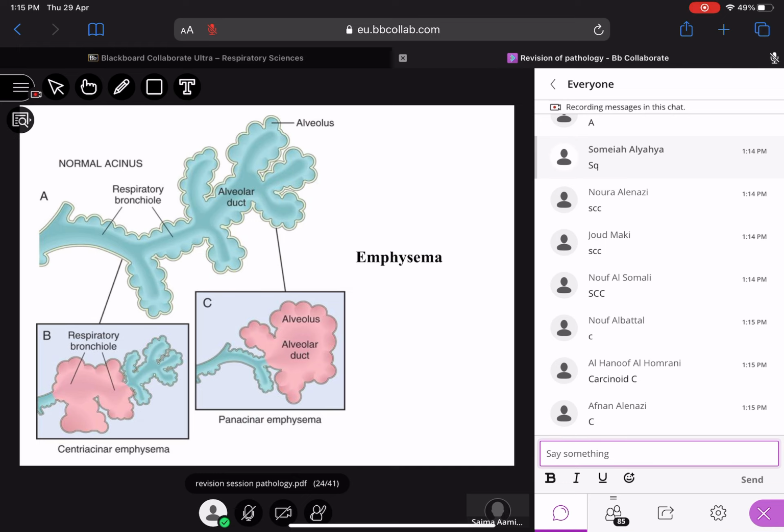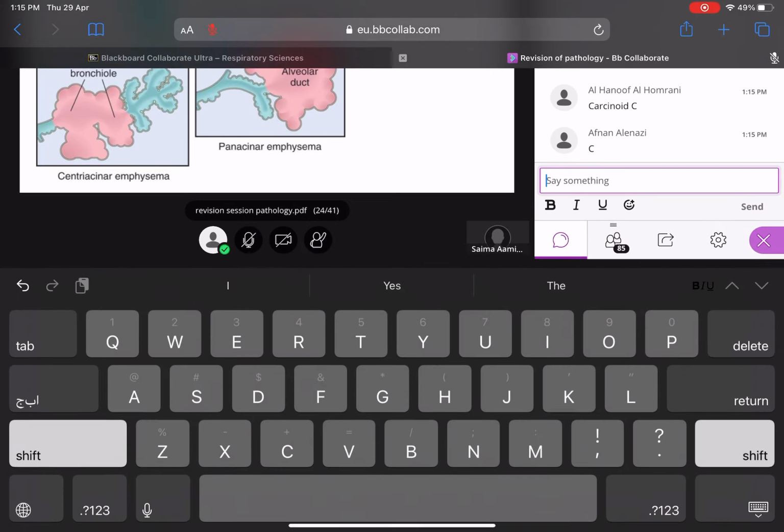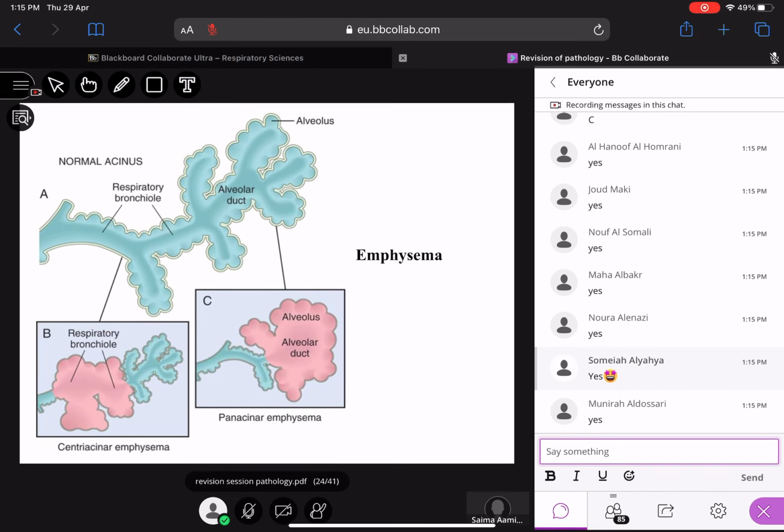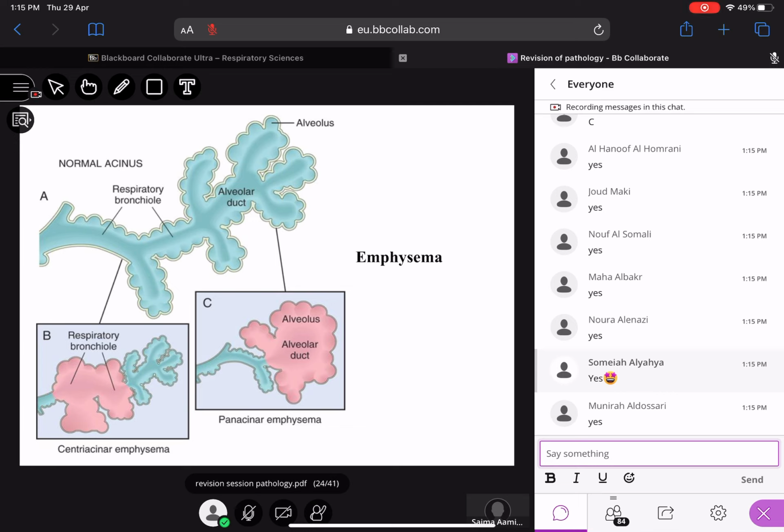So the cancer is clear. Very good. Now let's go back to the initial weeks, where we learned about emphysema. In emphysema, it affects the acinus, and the normal acinus extends from the respiratory bronchiole to the alveolar ducts to the alveolar sacs.